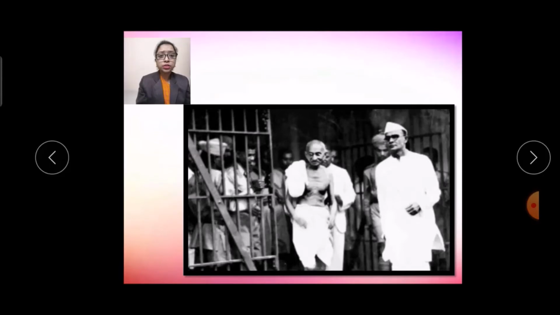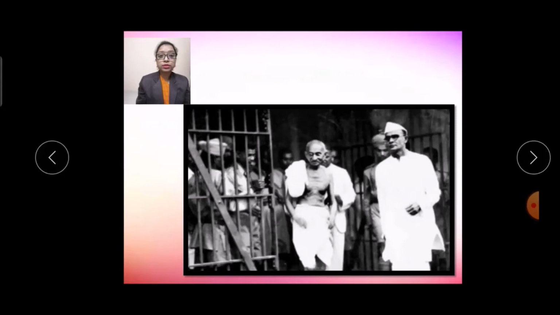So the non-cooperation movement was going on, but in 1922, the people participating in the non-cooperation movement in Chauri Chaura in Uttar Pradesh became violent. Chauri Chaura is a town near Gorakhpur in Uttar Pradesh.